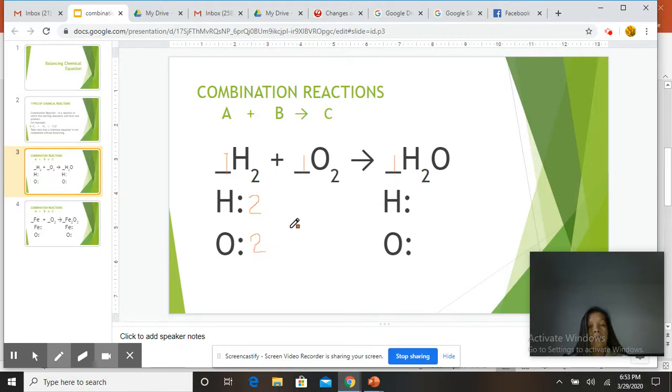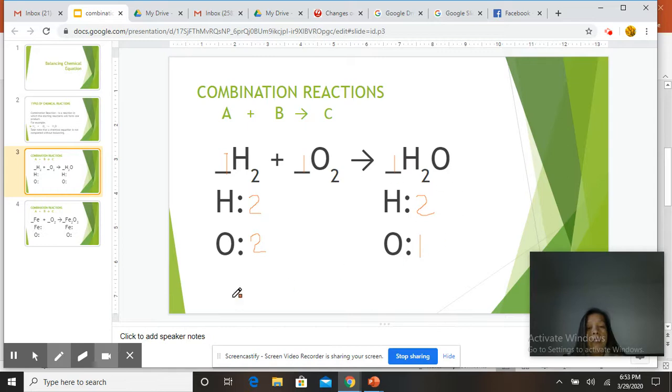Here you go. And now let's go to the product, which is the water molecule. So I have one water molecule, and again 1 is a coefficient, so any number right here is multiplied by each of these elements. So 1 multiplied by 2, so I have 2, and 1 multiplied by 1, so I have 1.